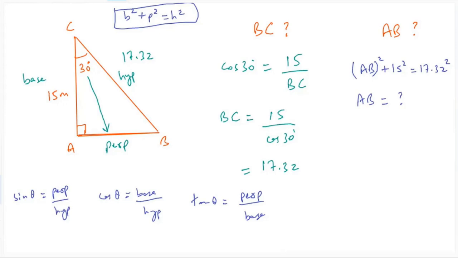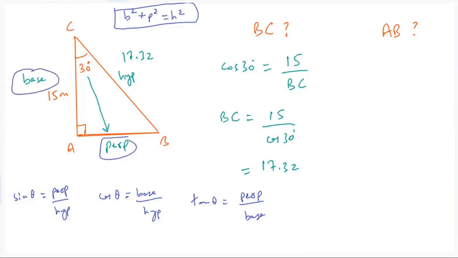दूसरी पॉसिबिलिटी क्या हो सकती है? आप देखिए कौन सी वाली साइड आपके पास है? आपके पास 15 मीटर्स गिवन है, दैट इज योर बेस, राइट। आपको फाइंड क्या करना है? AB, दैट इज परपेंडिकुलर, राइट। तो परपेंडिकुलर और बेस को कौन सी रेशियो कनेक्ट करती है? दैट्स tan। हम कहेंगे tan of theta is equal to perpendicular, that is AB divided by the base.